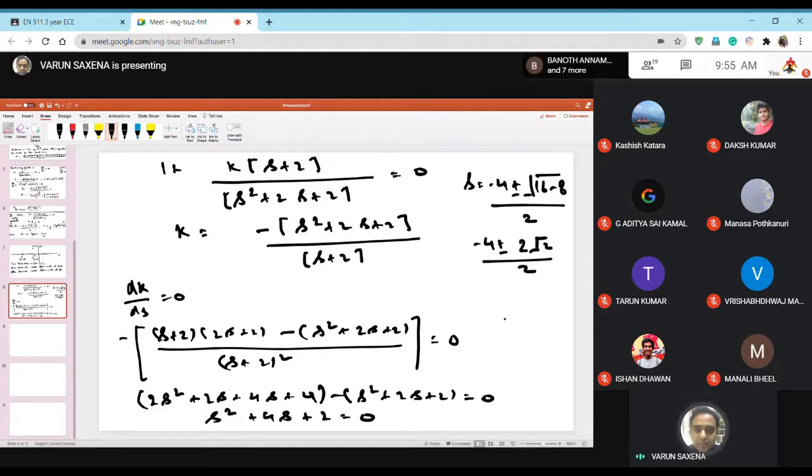Please tell me the values of s now. You should get two values. Just tell me what those two values of s are.